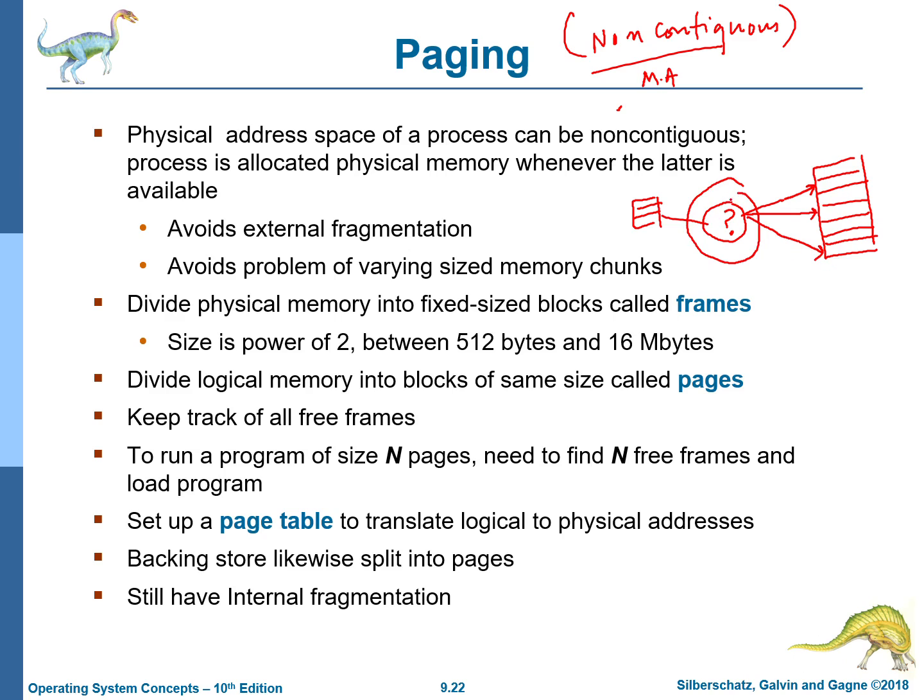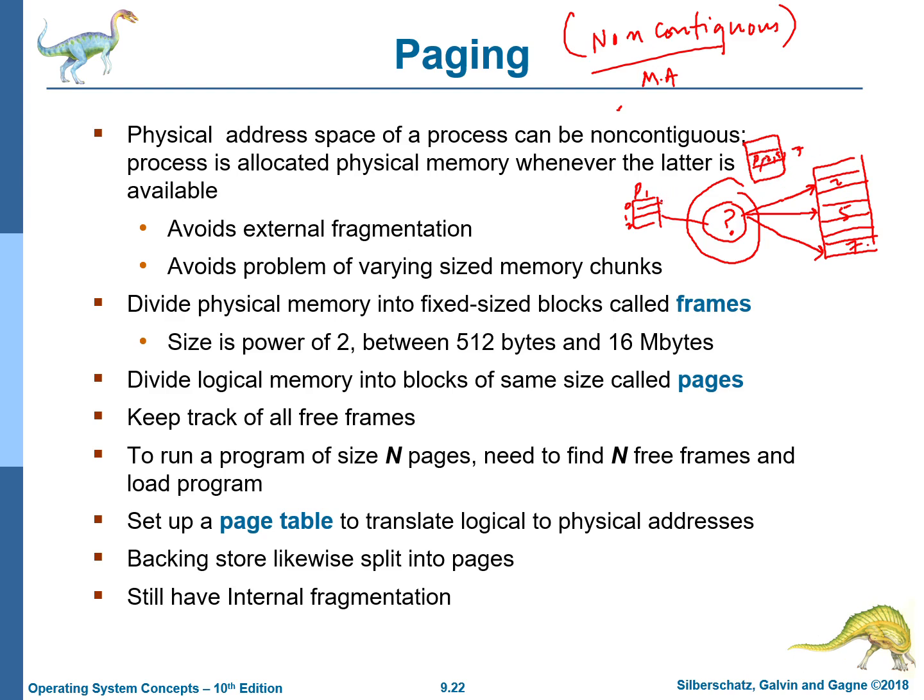So in the memory management unit we also have something called the page table. Suppose this is process 1 and we have maybe 0, 1, 2. In the page table we already know that P1 is stored in maybe 2, 5 and 7th locations.